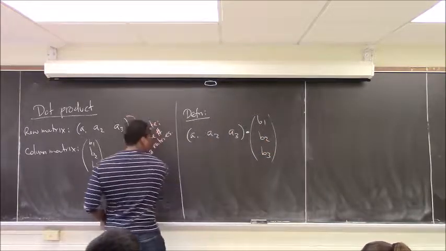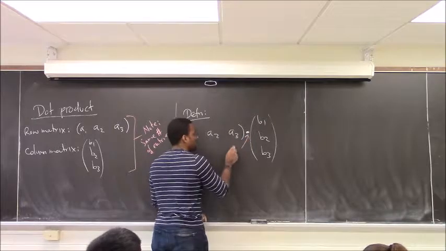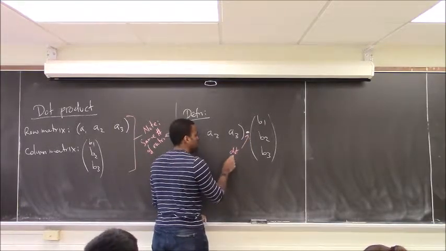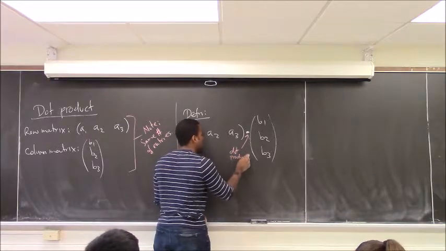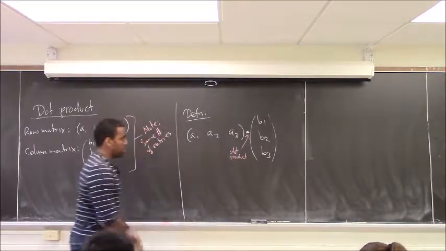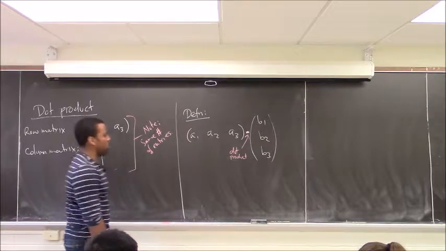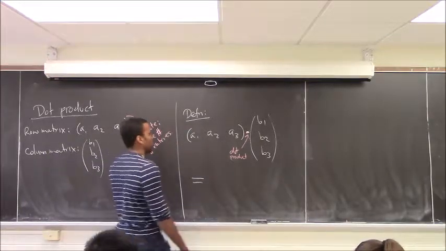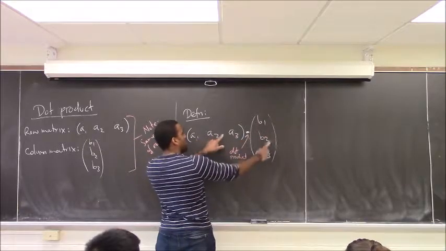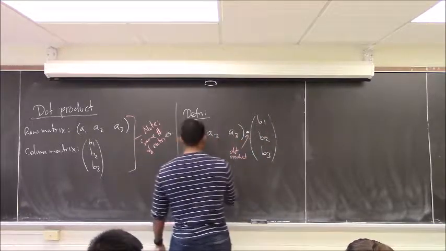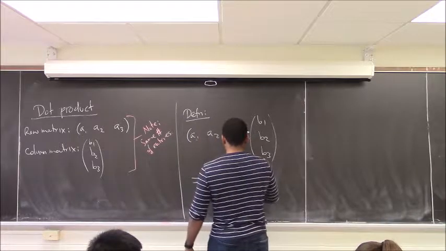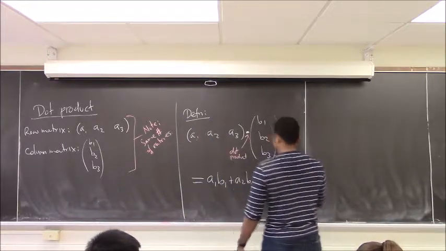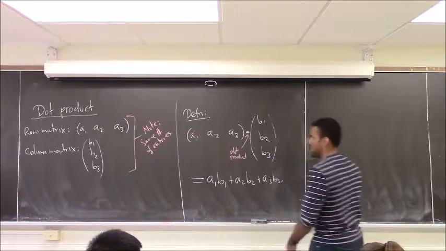So this is called a dot product. There's an equivalent thing in Calc 3. I'm not sure if anyone would ever have to take Calc 3, but it's essentially computed the same way. The result of doing that is to multiply the corresponding entries and add them all together. So it's A1 times B1 plus A2 times B2 plus A3 times B3. So that's how you dot it.